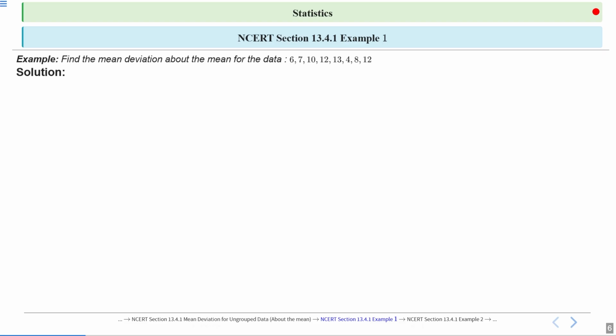Okay, so let's solve this example step by step. So we need to calculate the mean deviation about the mean. This involves two main steps. First, finding the mean of the data, and then finding the average of the absolute differences between each data point and the mean.